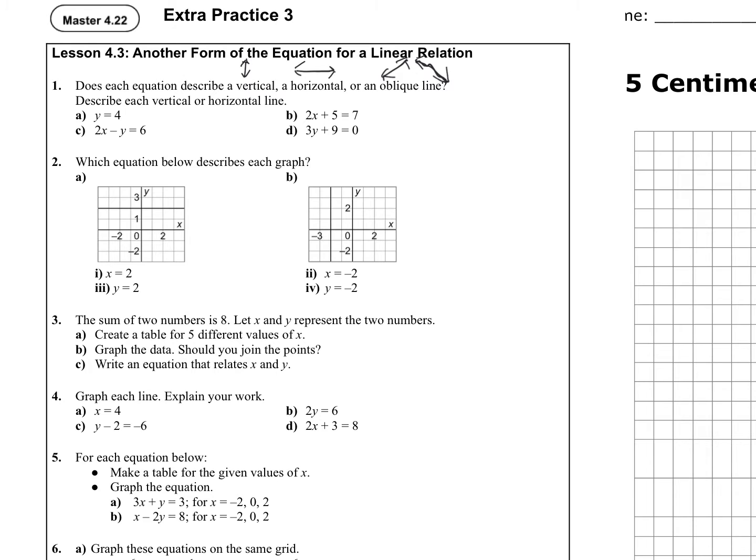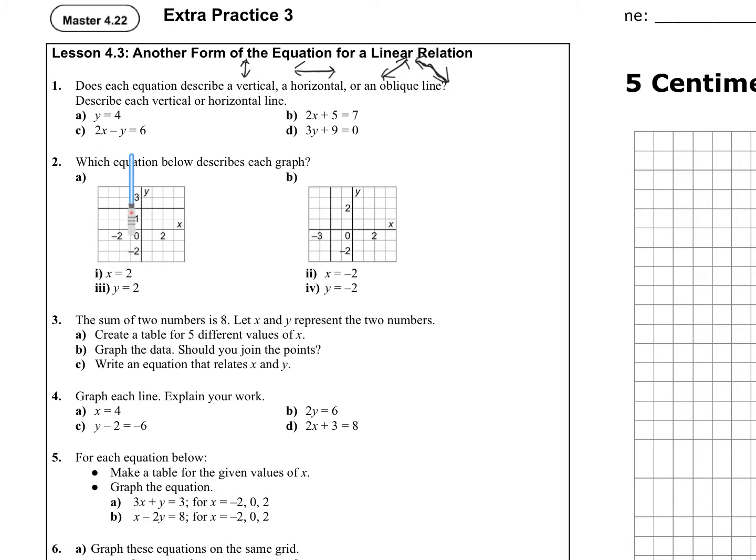And they want us to state whether these 4 equations are vertical, horizontal, or oblique. And we can do that just by looking at the equation. So first, when we look at A, we have y equals 4. So we only have one variable in A, and that is y.